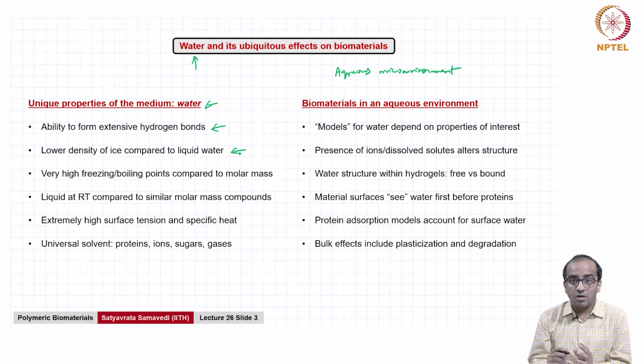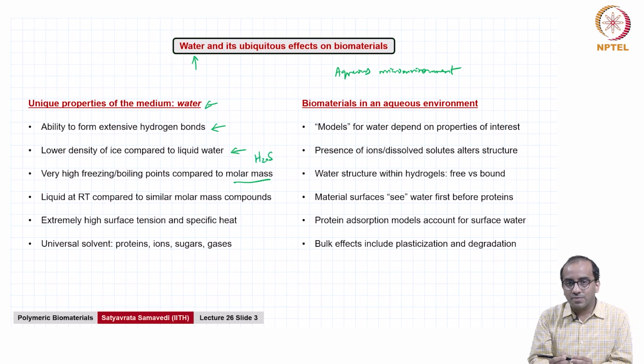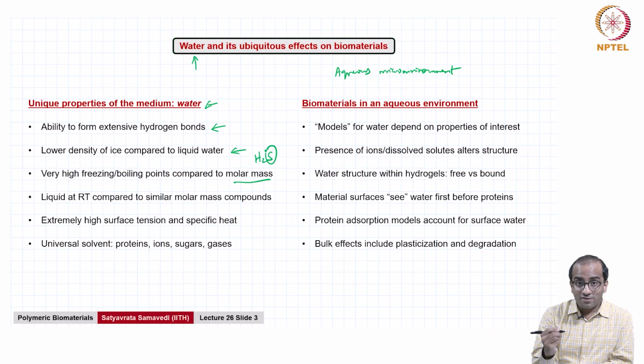And this is unique to water. Also, given its very small molar mass, water has extremely high freezing and boiling points. Just as a test case, if you take hydrogen sulfide, where the only change we have made is to go from oxygen to sulfur, now you are talking about a gas essentially at STP, normal temperature and pressure, and if you want to look at freezing and boiling points, you have to go to -80 and -60 kind of temperatures, degrees Celsius, for hydrogen sulfide.